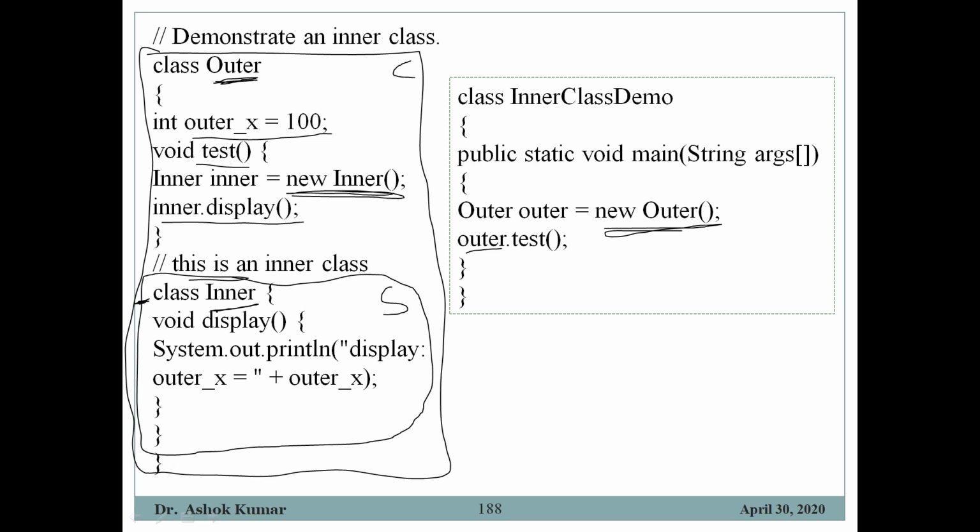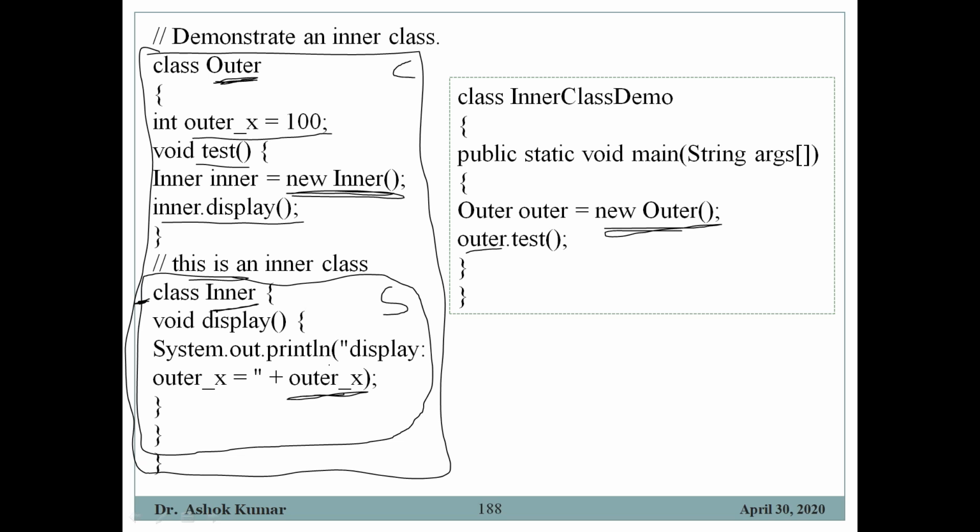So we get into this after calling it. But within display, we can access the outer class directly. So we are accessing outer x directly inside the inner class. So outer.x will give you 100 over here.